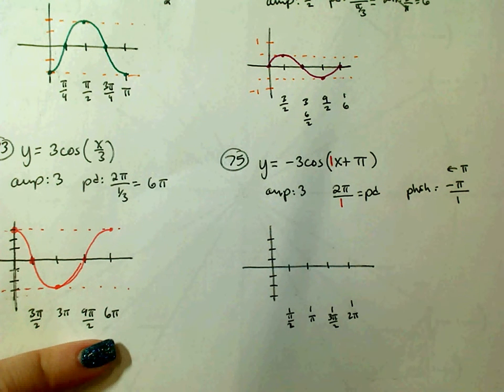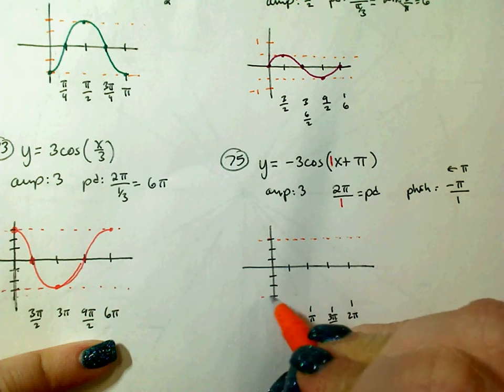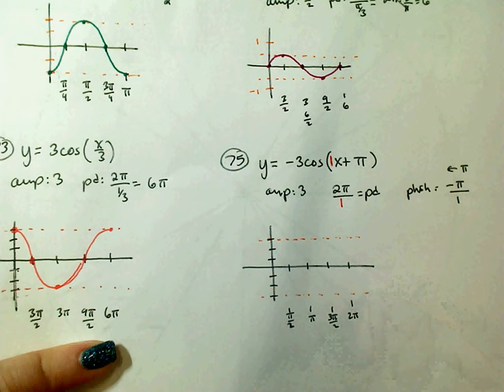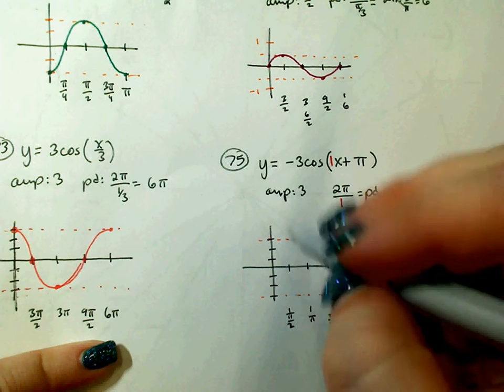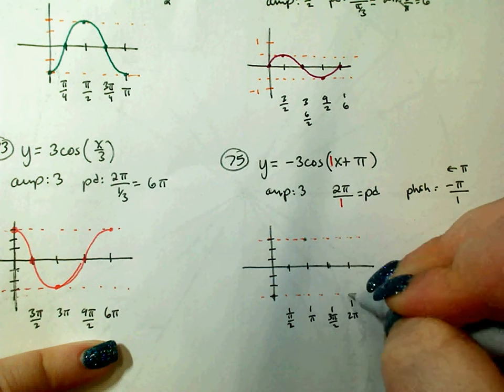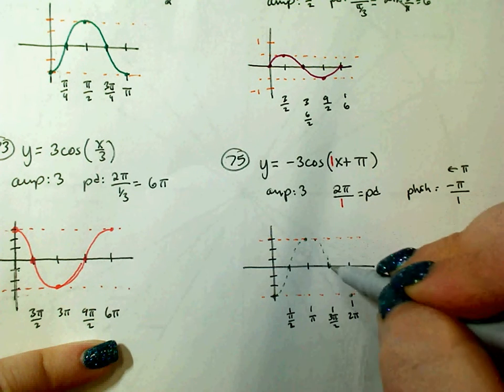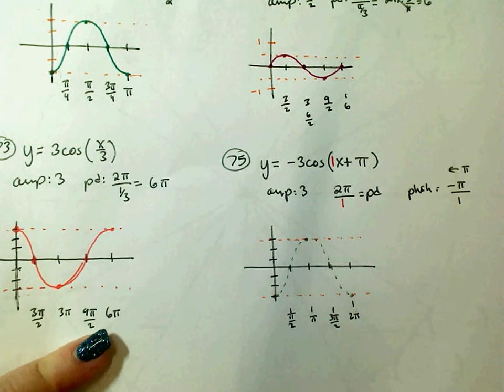So my amplitude is 3. And it is a negative cosine wave. Negative cosine waves start here, go there, maximum, midline, minimum. So that is my negative cosine wave without the phase shift.